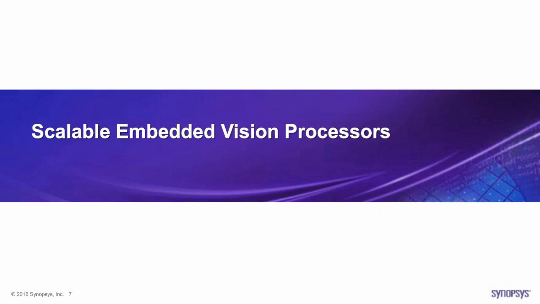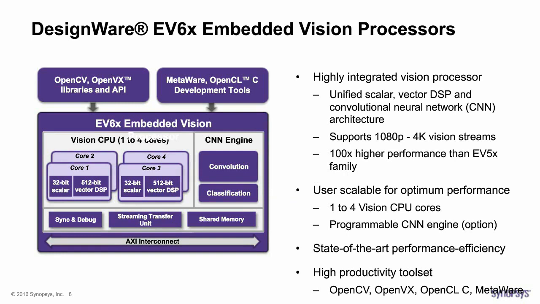So let me talk to you about the processors. We announced these a couple weeks ago. This is the DesignWare EV6 family of vision processors. Now, Synopsys has been involved in the vision space for a number of years. We introduced our EV5X family last year. These EV6 processors have about 100 times higher performance than the EV5 family.